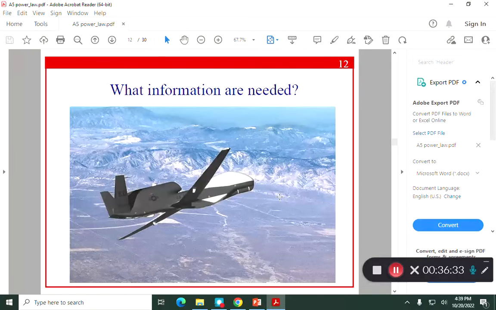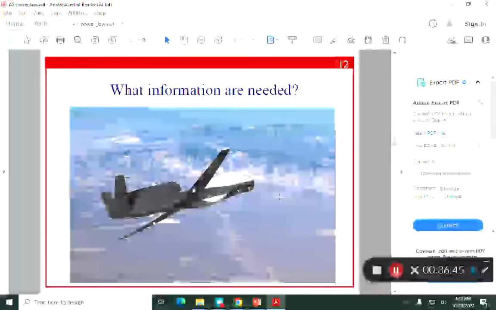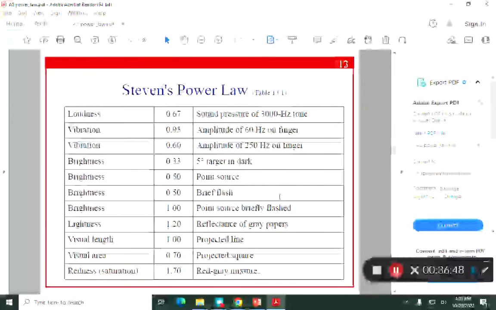Okay? So sensory integration is another hot topic in virtual reality because sometimes one sense is in one scale, the other sense is in different scale.